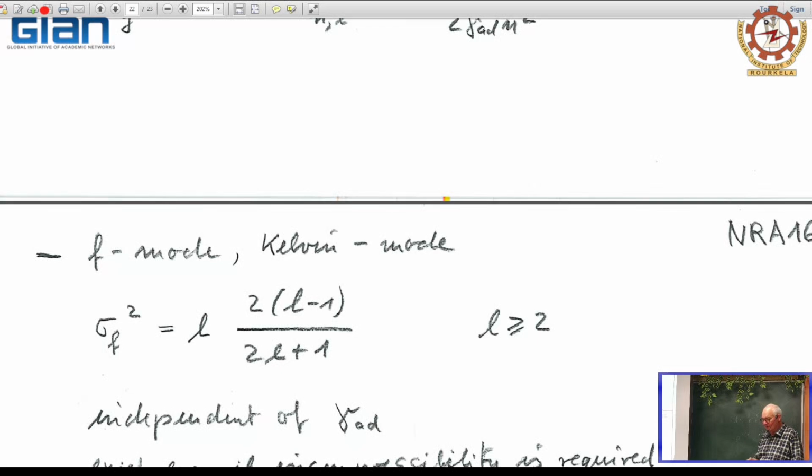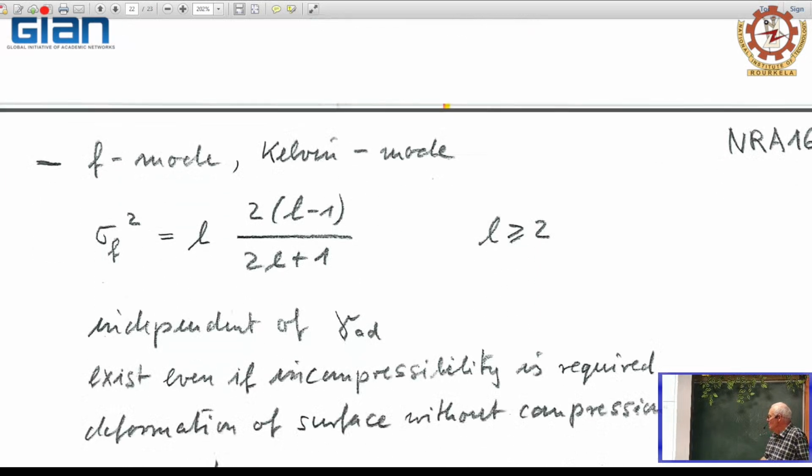Okay, so if you look at the behavior of the eigenfunction of this mode, it consists of a deformation of the surface which is achieved without compression.